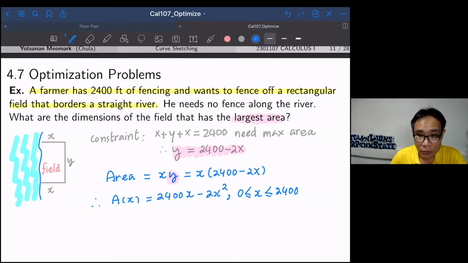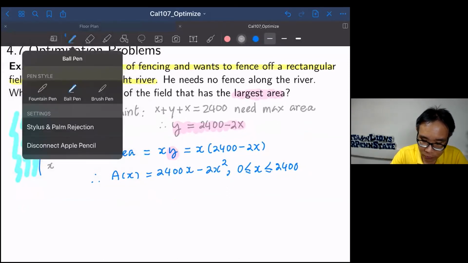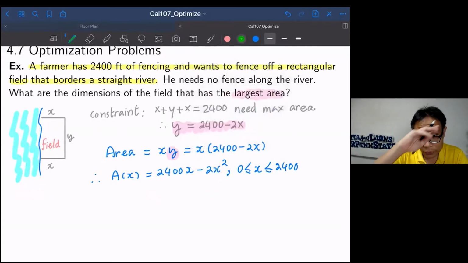The x is going to be the length of your fencing, so x is less than 2,400 and more than 0. The next step is you're going to find the extreme value for the largest.